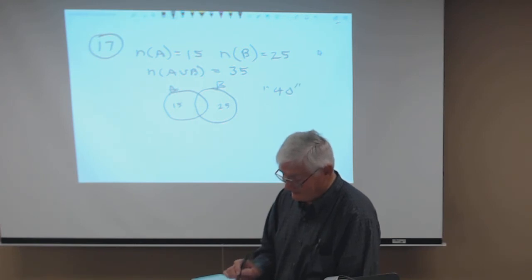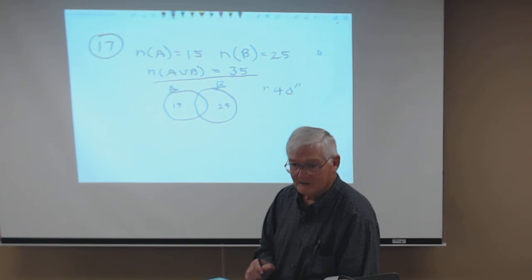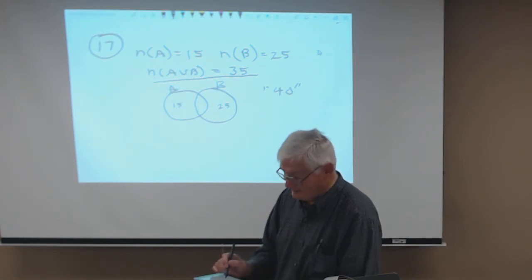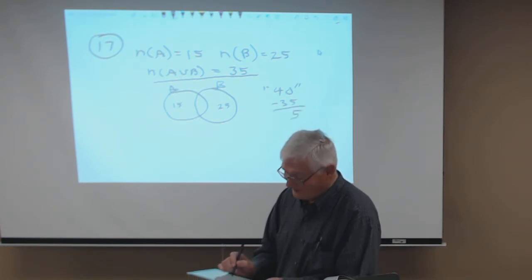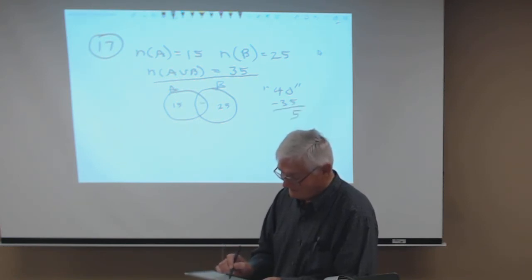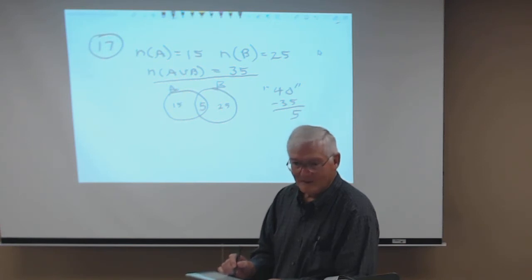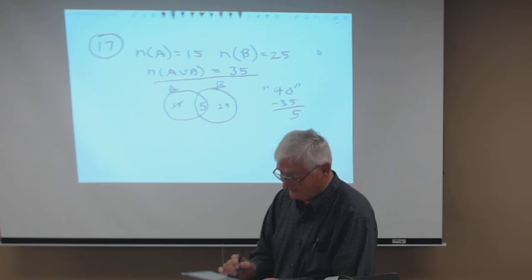But it says the number of elements in A union B is 35. So I have how many too many? 40 minus 35. What's that give me? 5. So guess what goes here? Right in the middle. Now if I put 5 in the middle, then that changes this 15 to what? 10. And that changes this 25 to 20.